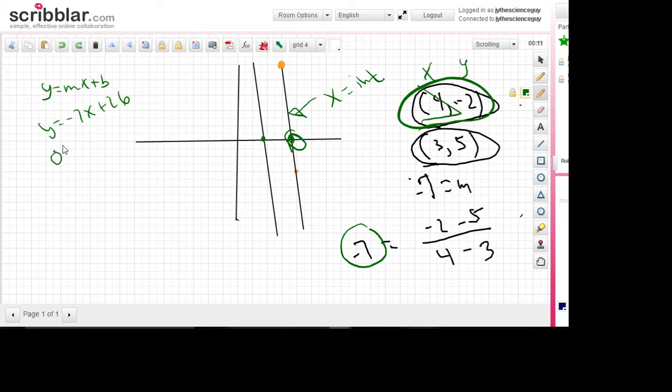Dashed. Shade to the left or to the right? Less than 1, so to the left. And so the region that we're actually going to shade is in between the two, right? Mm-hmm.